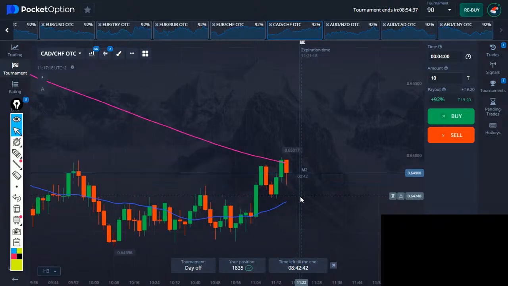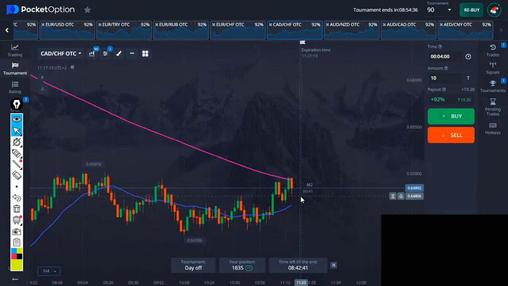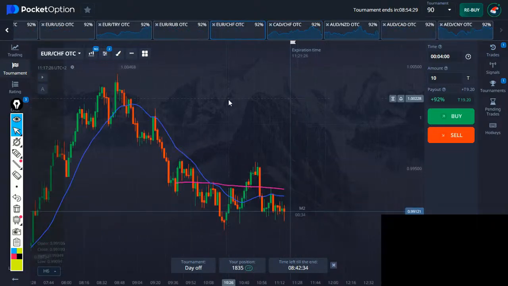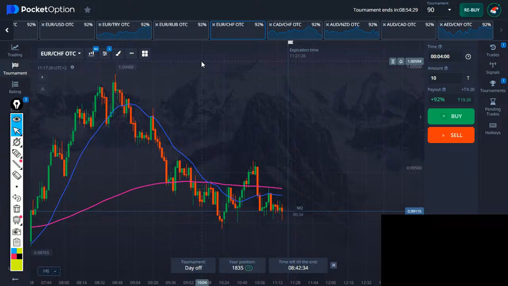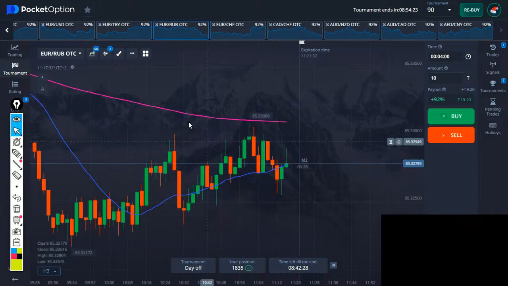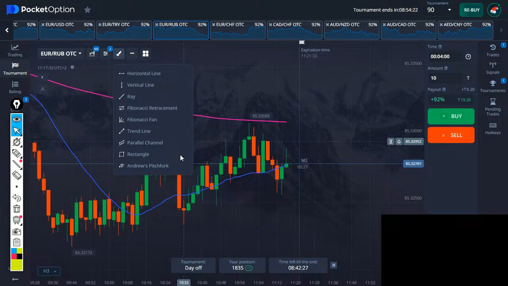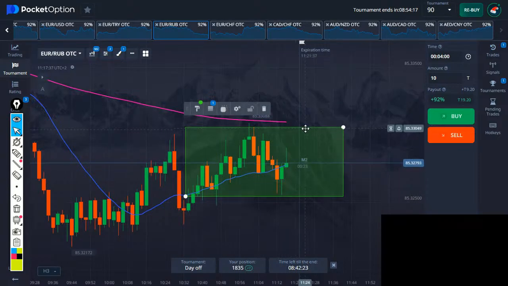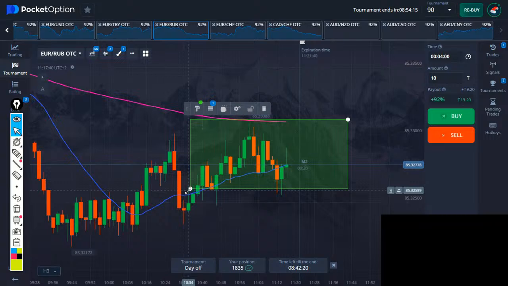However, it might be on a breakout to the upside. I prefer to take something else. This is beautiful. Come on, guys. Take your rectangle. Even though the Russian pair on OTC is quite crazy.